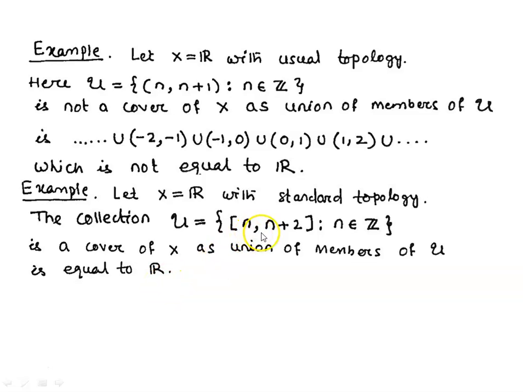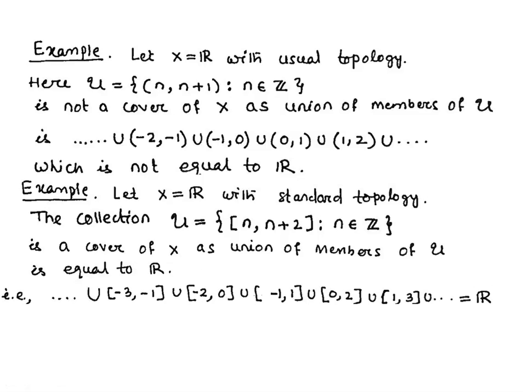But these subsets of R are not open in R. That means the elements of this collection U are not open sets in R. So this cover is not an open cover.